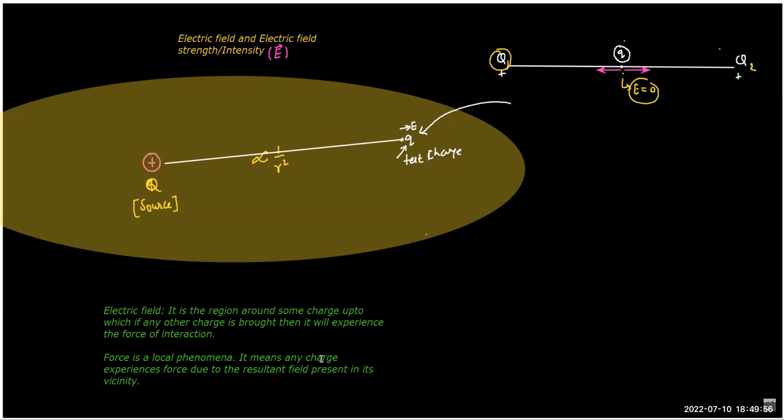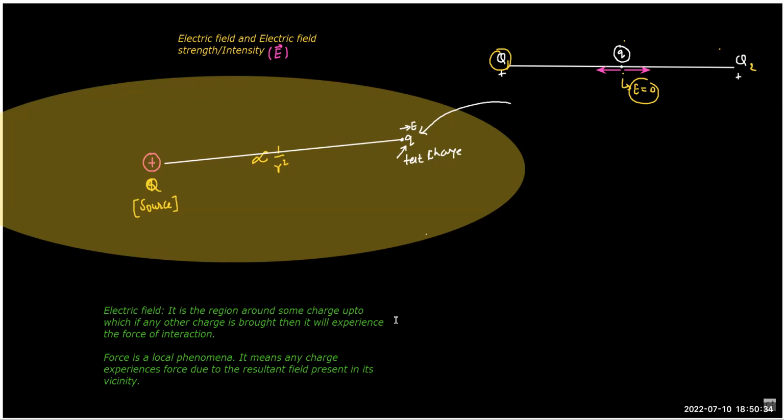So when an electron is orbiting around the nucleus, who is applying force on the electron? The field of the nucleus. Yes. So it is the field of the nucleus which applies force on the electron. The electron is experiencing force due to the electric field developed by the nucleus.